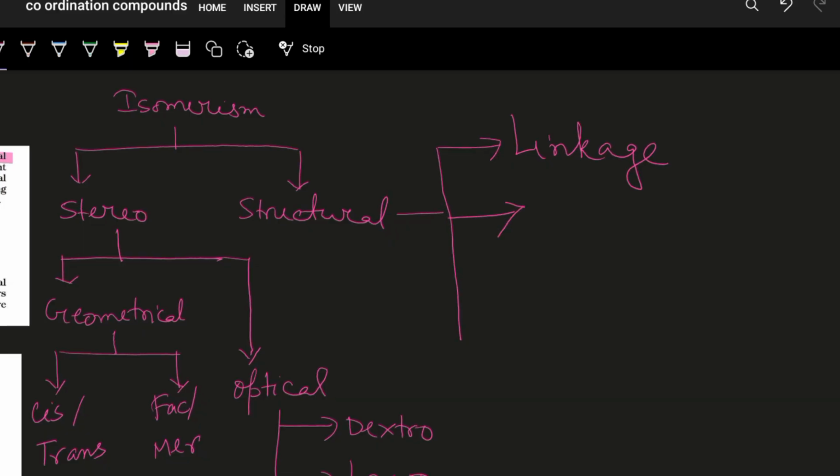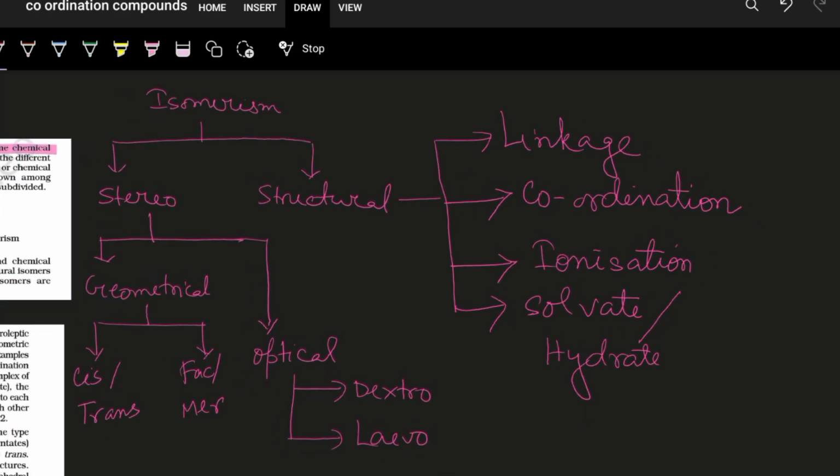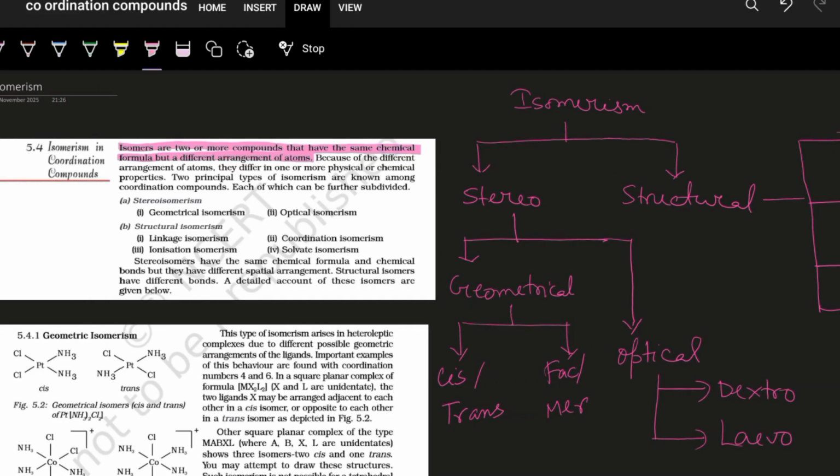Coordination isomer differs in the coordination sphere, which we'll elaborate later. The last is solvate isomer; if the solvent is water, it can be a hydrate isomer as well. So this is the flow chart for isomerism. Let us elaborate one by one.